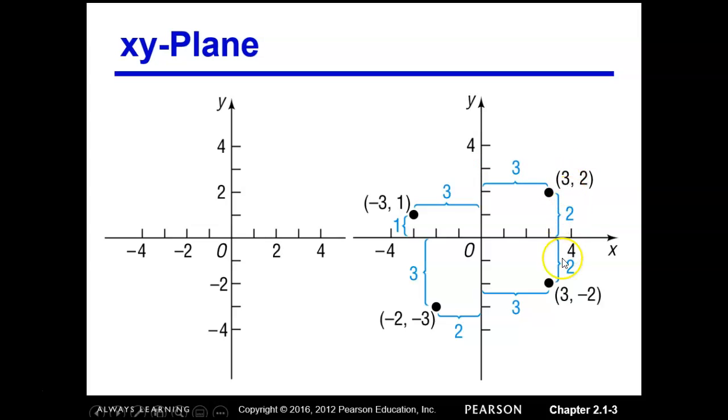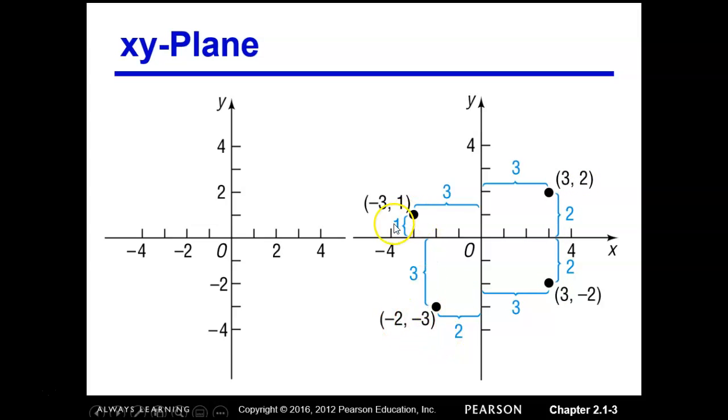Okay, so let me start up. The same thing, distance cannot be zero. Distance cannot be negative. So we refer to the distance. If it goes down here, (3, negative 2) will be the same distance because it's going to be 2 and 3: 2 vertical, 3 horizontal. The same thing as (3, 2).